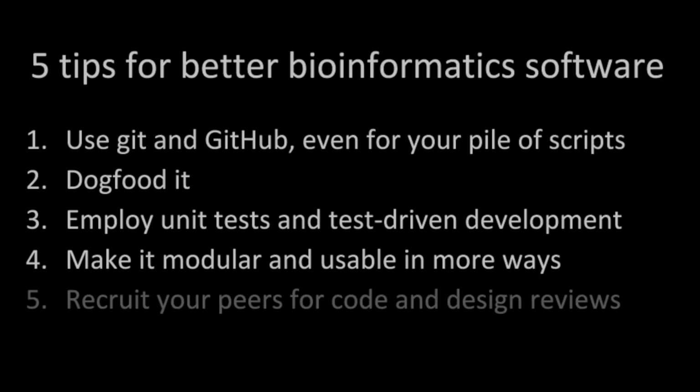Fourth, making your software more modular, breaking it up into pieces that are individually usable, and making your software usable in different ways. So let me explain with an example. One of my pieces of software, Assemblytics, I had created at first as a bag of scripts. I just had written a few different scripts.